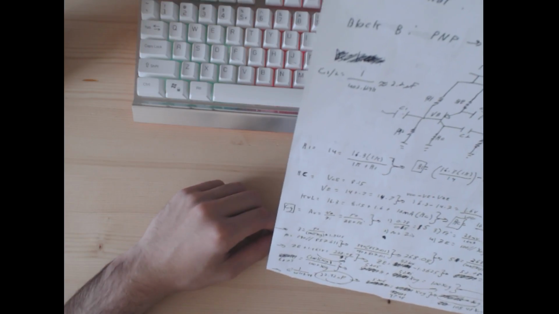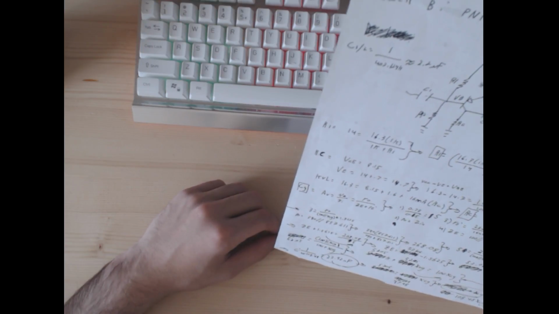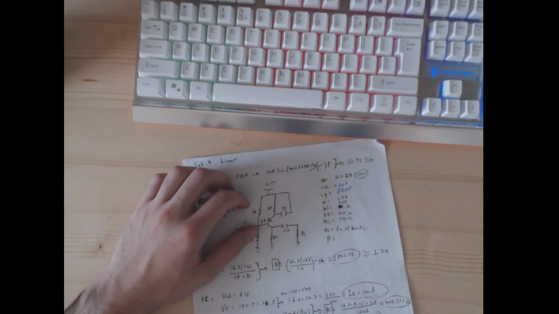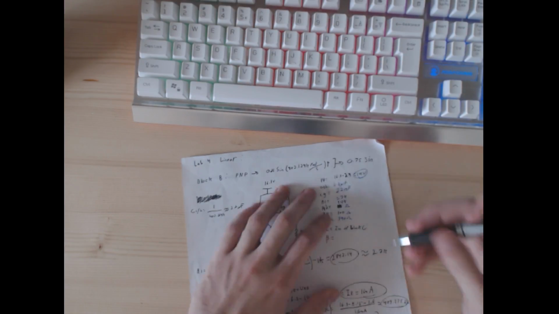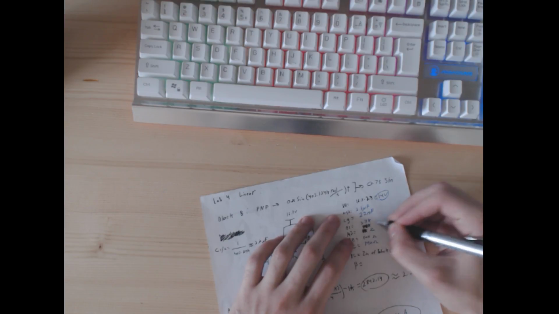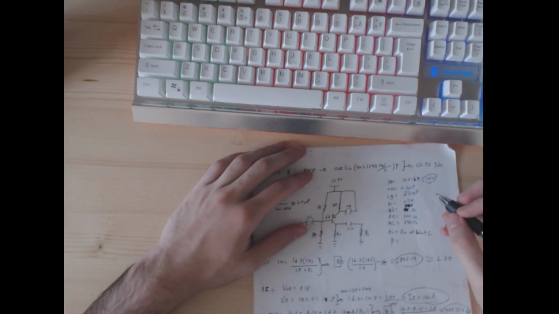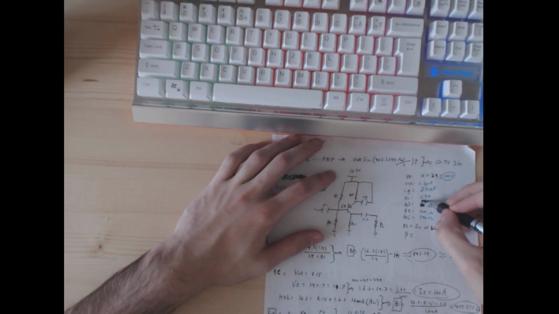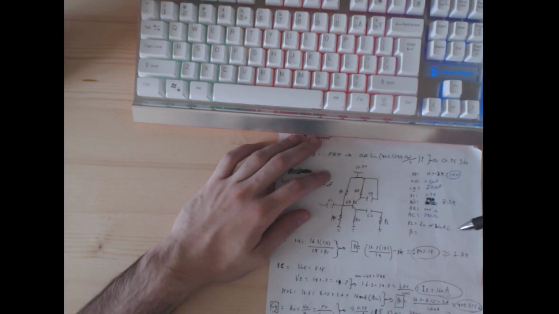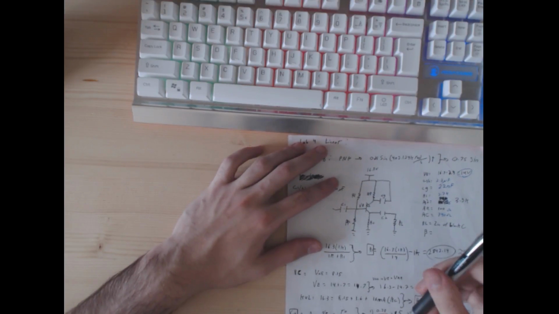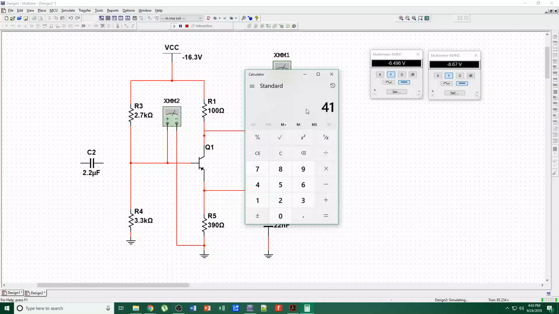Why is that at 3.3K? That's not right. Why did I write 3.3? Oh, I see. I changed it to 3.3K, meaning these calculations are different.